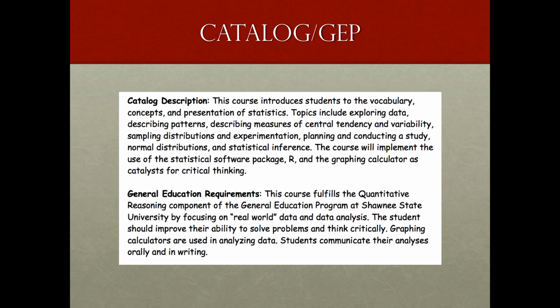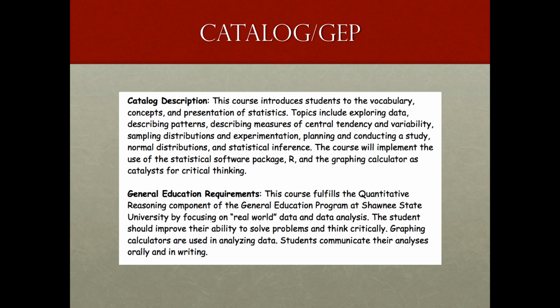The general education program requirements. The best way to think of this is when you get a college degree, most universities want you not only to take courses in your major and your minor, but we also want you to take courses that maybe make you a more well-rounded person.